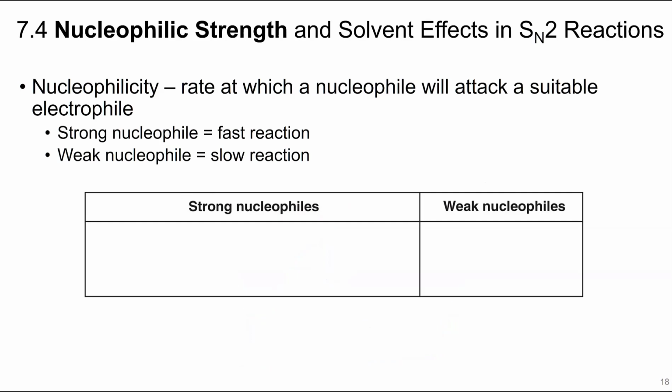Nucleophilicity is the rate at which a nucleophile will attack a suitable electrophile. If you have a strong nucleophile, that means a fast reaction. If you have a weak nucleophile, that's going to have a slow reaction. So for SN2, you must have a strong nucleophile.